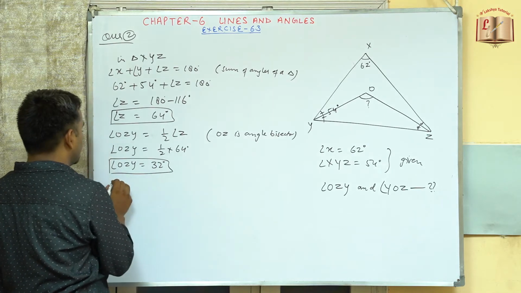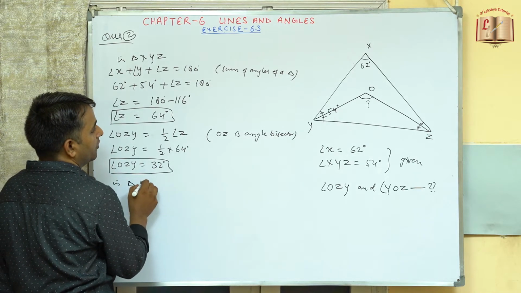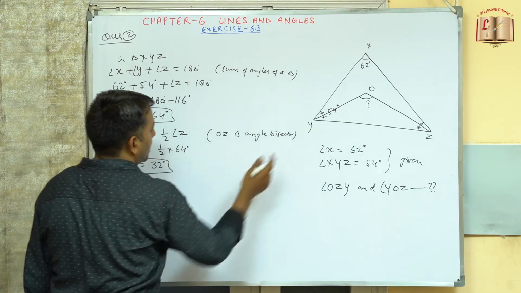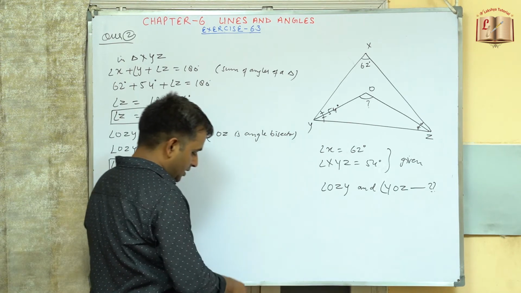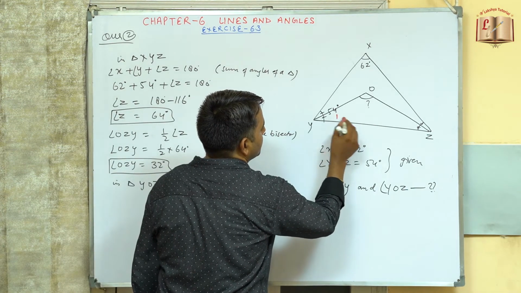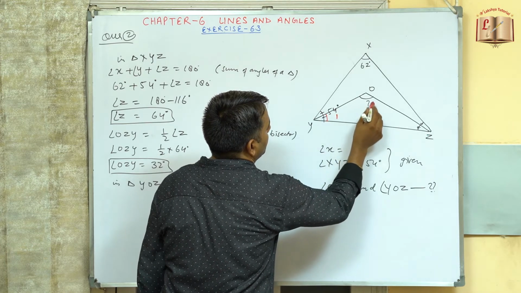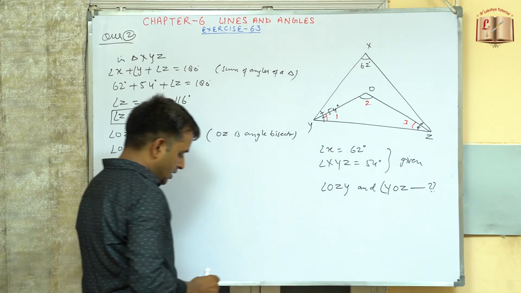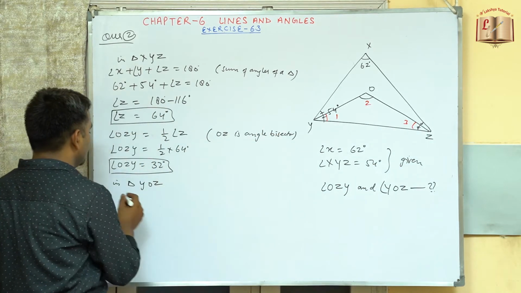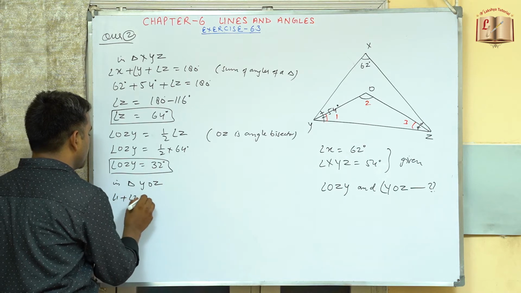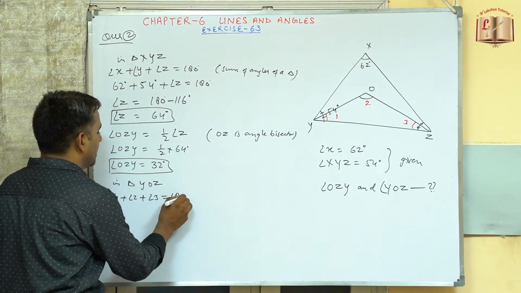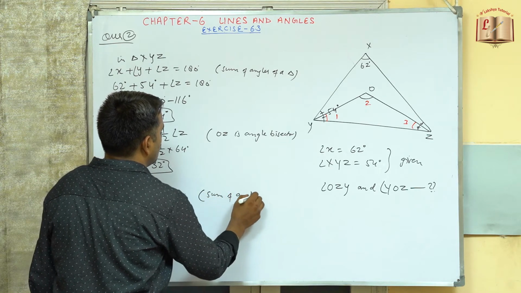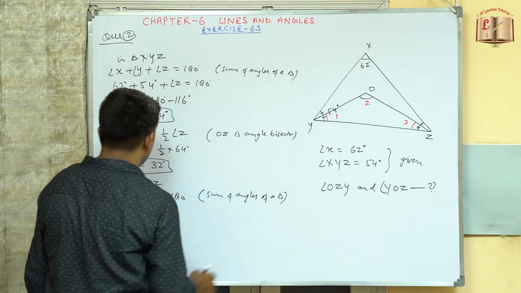So now in this triangle YOZ, I can take up these angles, it will be easier for us. So this is angle 1, suppose this is angle 2 over here and this is angle 3. So angle 1 plus 2 plus 3 will be equal to 180 degrees. This is the sum of angles of a triangle.